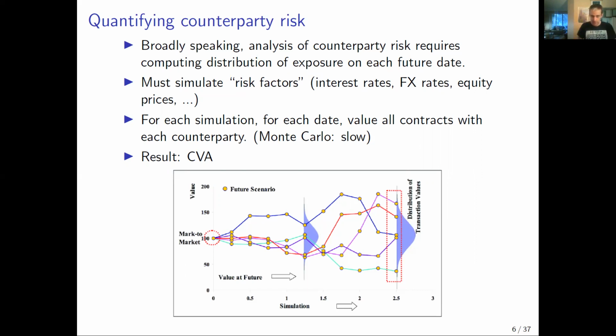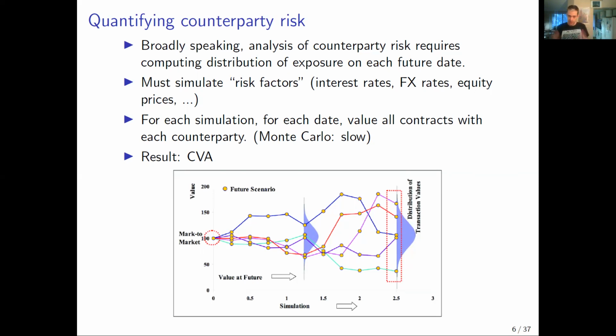And then on each future date, on each of the paths that we've simulated, we revalue our entire portfolio and compute our exposure to counterparty credit risk. That is, on that future date, if the market takes a path that we predicted according to one of our simulations, how much do we stand to lose if our OTC derivative counterparties go bankrupt?